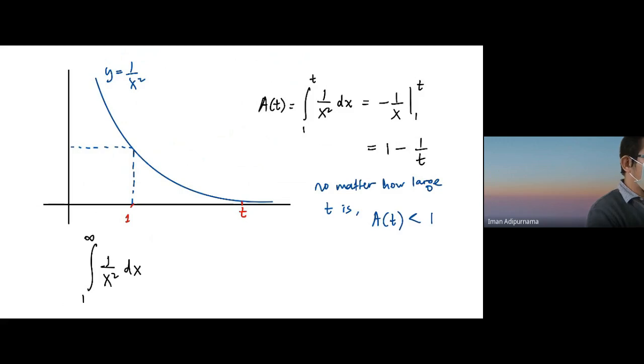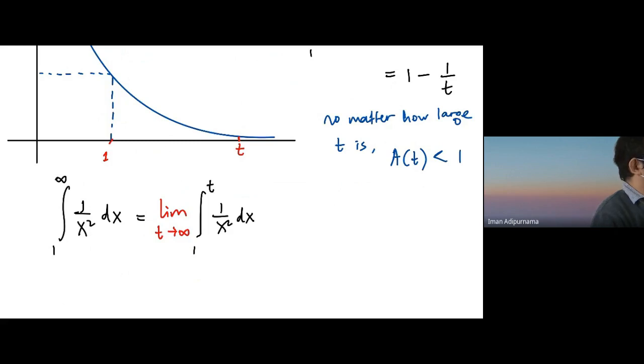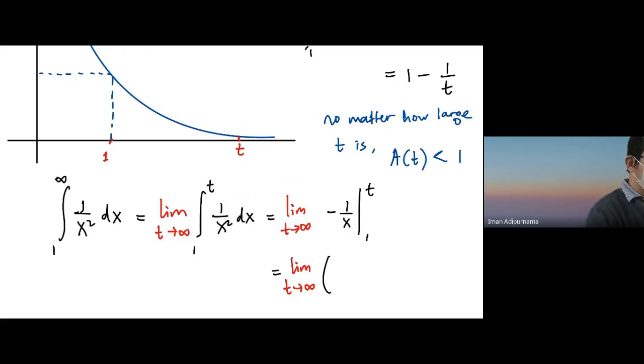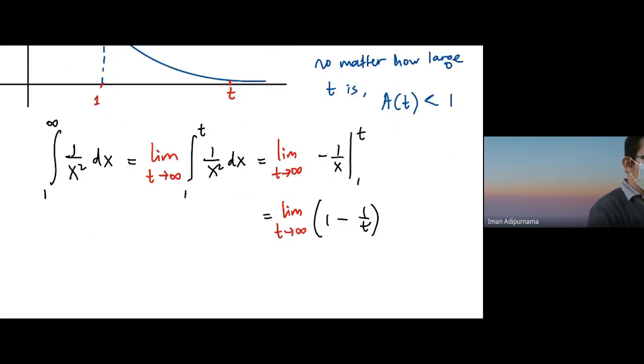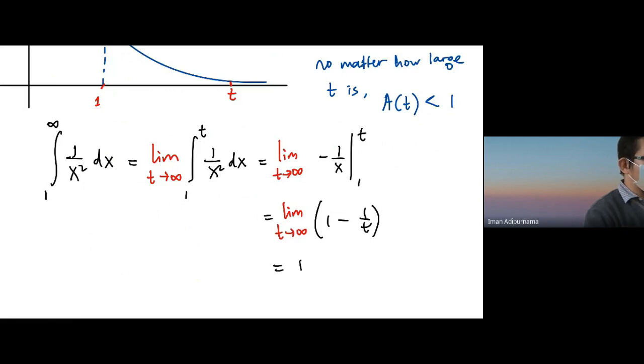But then if we are using the limit, let's say we have the limit as t approaching infinity, and we write like this. Now we can do some calculations, because we have the limit concept. So we will have, and with the limit, the answer is 1.